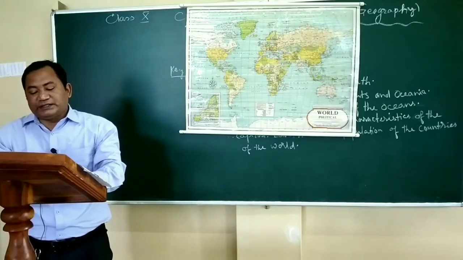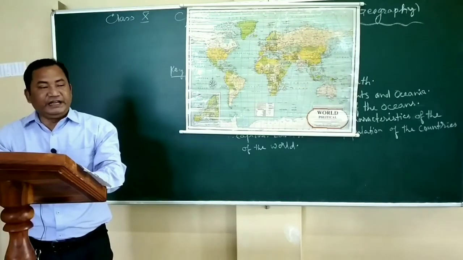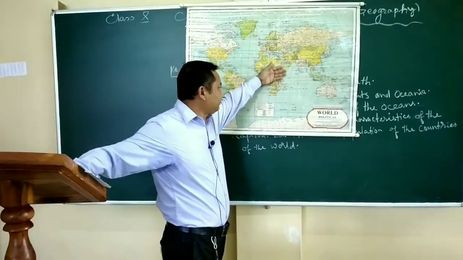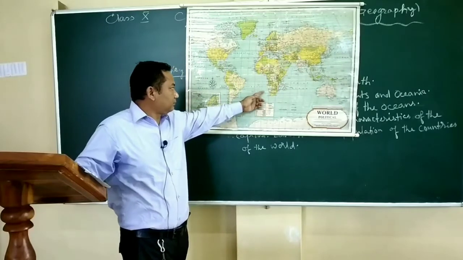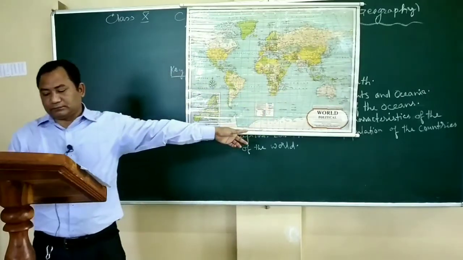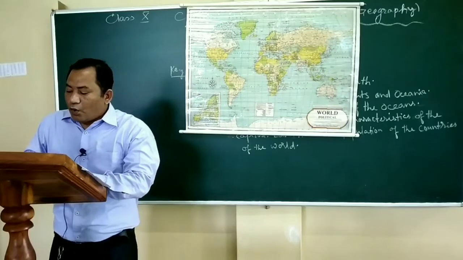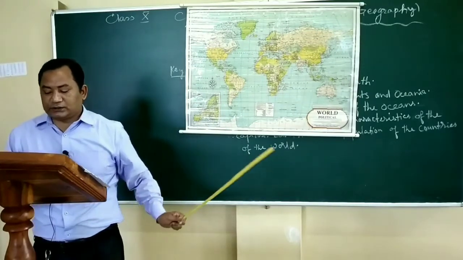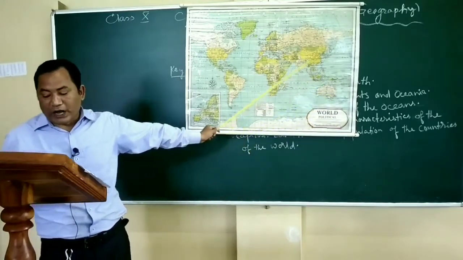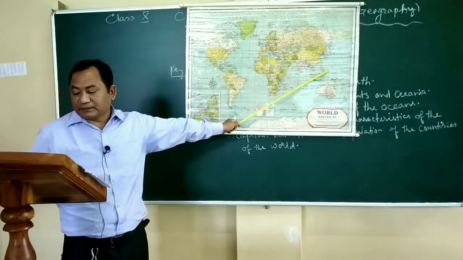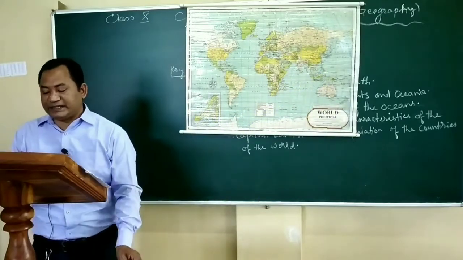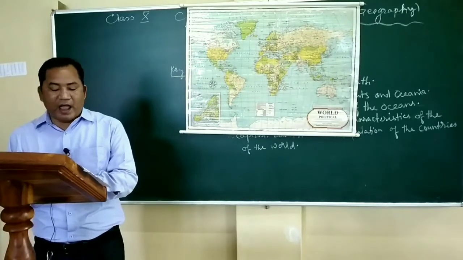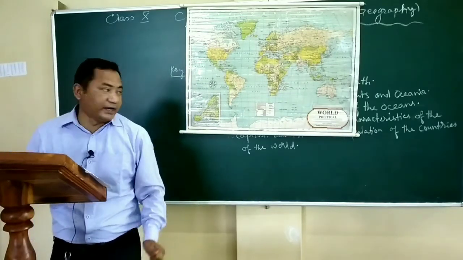The Indian Ocean is bounded on the north by Indian subcontinent and Southeast Asia, on the south by Southern Ocean, on the east by Australia and the islands of Southeast Asia, and on the west by Africa and Madagascar.